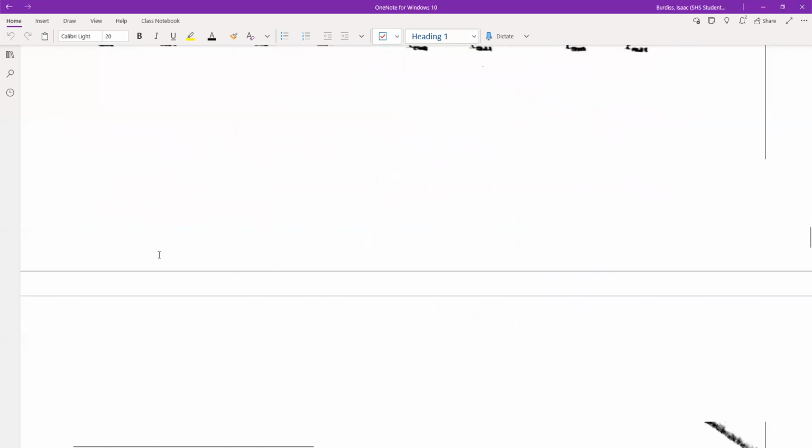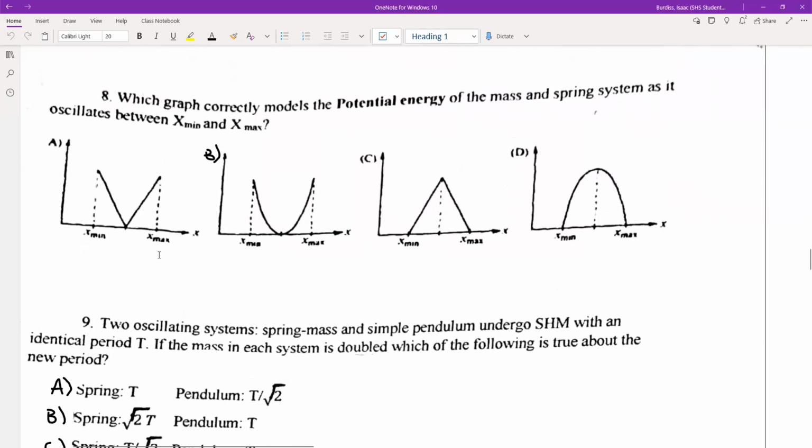Okay. Now, 8 is the same, except for now it's asking for potential energy. And the potential energy of a spring, which is what this is, equals 1/2 times kx squared.